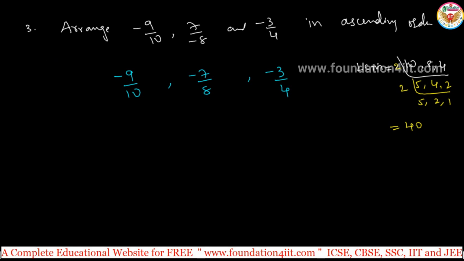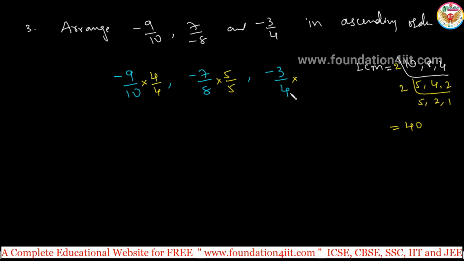Now we should make all the denominators 40. For 10, we multiply by 4 by 4 because 10 fours are 40. For 8, multiply by 5 by 5. And 4 is multiplied by 10 by 10. Whatever number you multiply with the denominator, the same we multiply for the numerator.